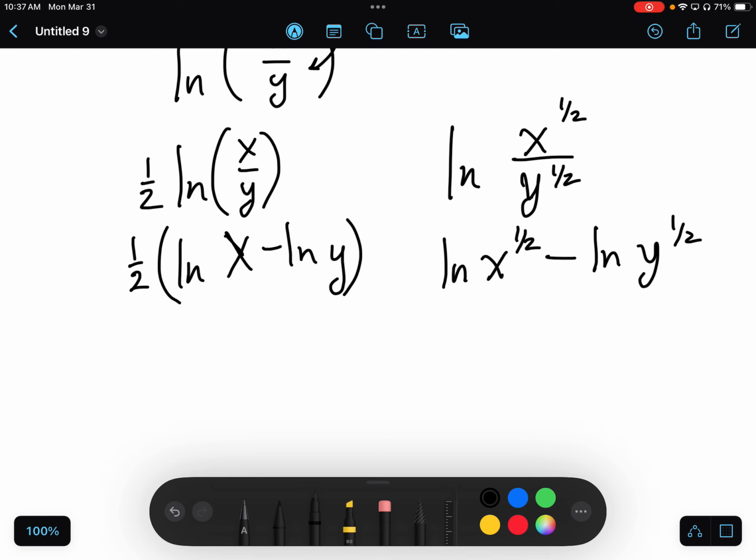On the one on the right-hand side, the half goes in the front and the half goes in the front. On the one on the left, I'm done. Or you could distribute the 1/2 through to each part, and what would you have? Same thing you'd have on the right. So your call on that.